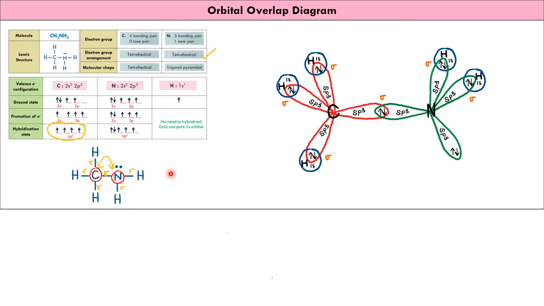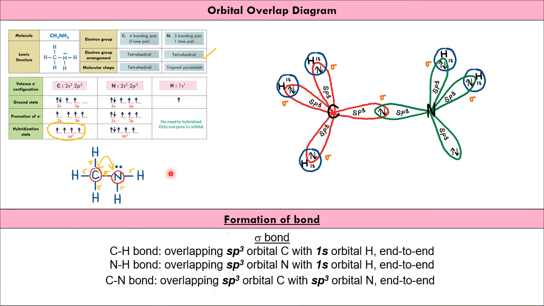Okay, dan kita tunjukkanlah, kita tulis dia punya overlapping antara which hybrid orbital with which hybrid orbital ataupun pure orbital. Okay, so sigma bond, CH bond overlapping between sp3 orbital carbon with 1s orbital hydrogen. Nitrogen-hydrogen bond overlapping between the sp3 orbital nitrogen with the 1s hydrogen.